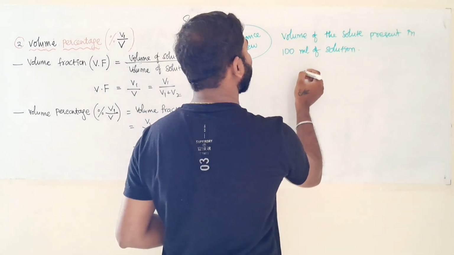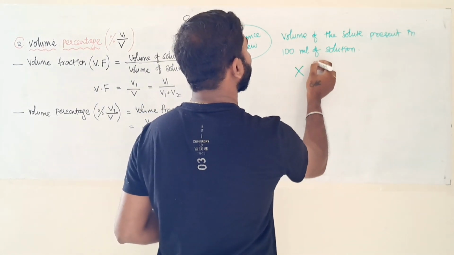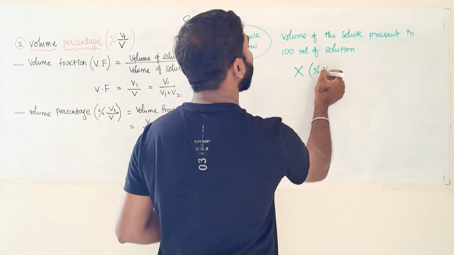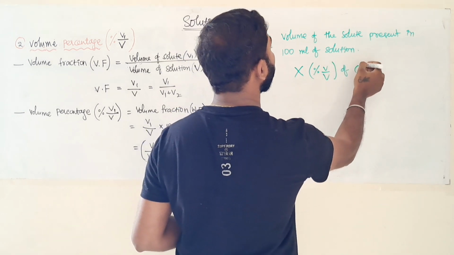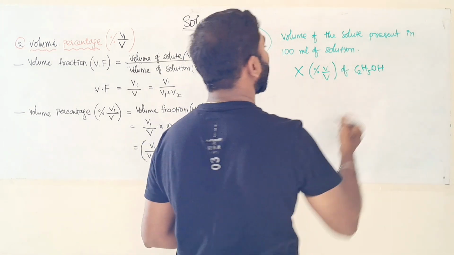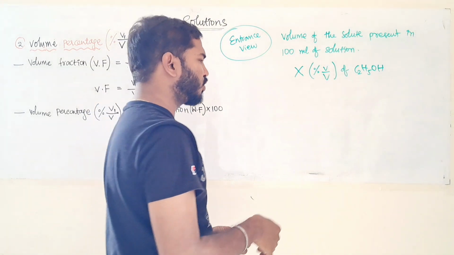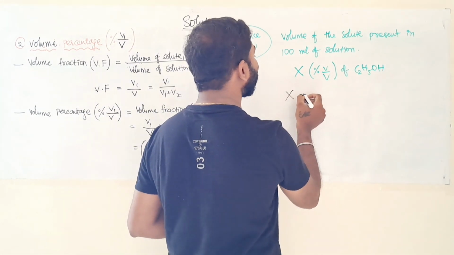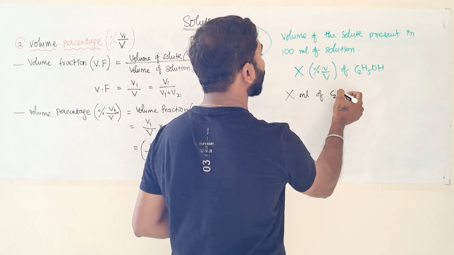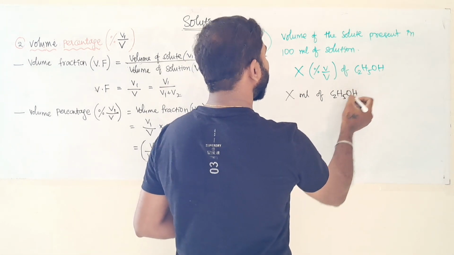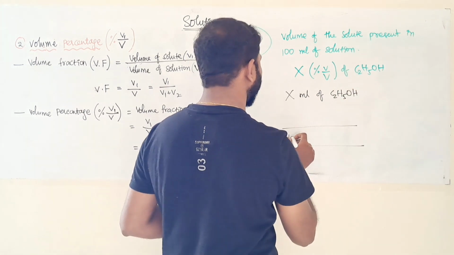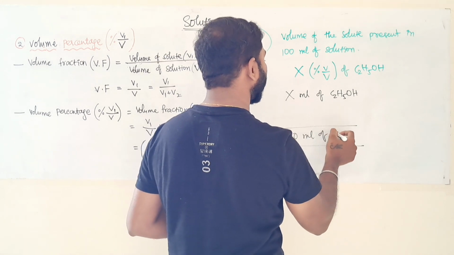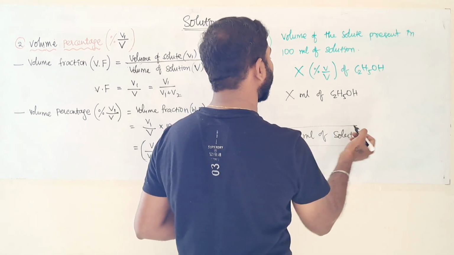Now suppose we have X volume percent of ethyl alcohol. How to understand this? So simple, that is X ml of C2H5OH is present in 100 ml of solution. Yes, this is what we need to understand.